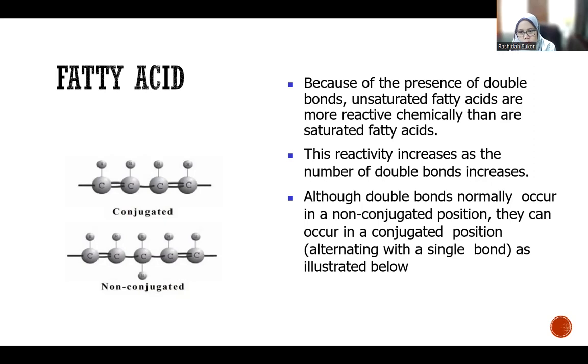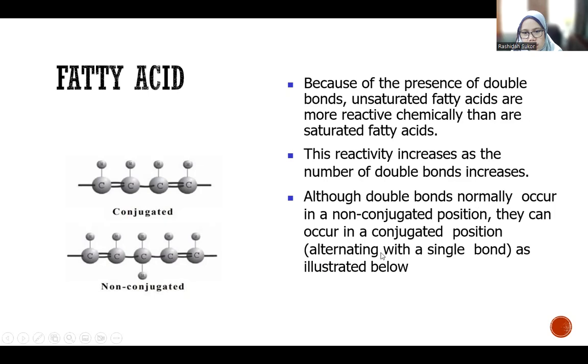Although double bonds normally occur in non-conjugated positions, they can occur in conjugated positions, alternating with single bonds, as illustrated below. Conjugated means alternating. After a double bond there is a single bond, after a double bond there is a single bond. So you have 2, 1, 2, 1, 2.